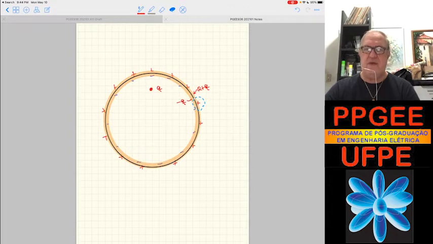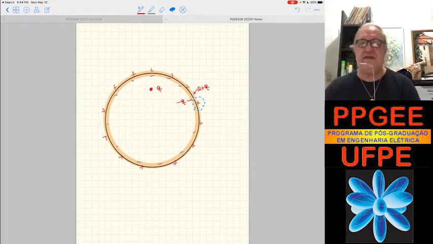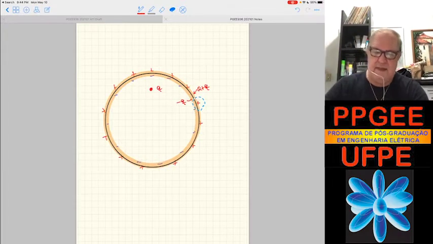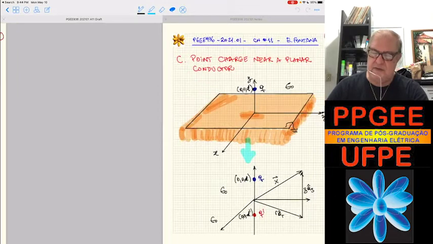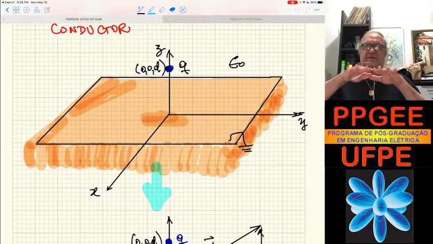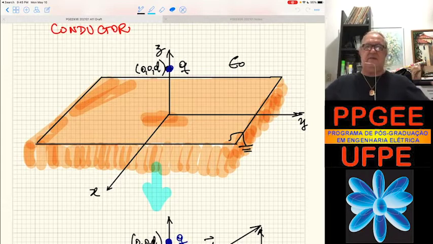Now let's move on to consider a point charge near a planar conductor, as in this drawing here, right? We have the entire surface at z equals 0 grounded. So whatever happens at z smaller than 0 doesn't matter.